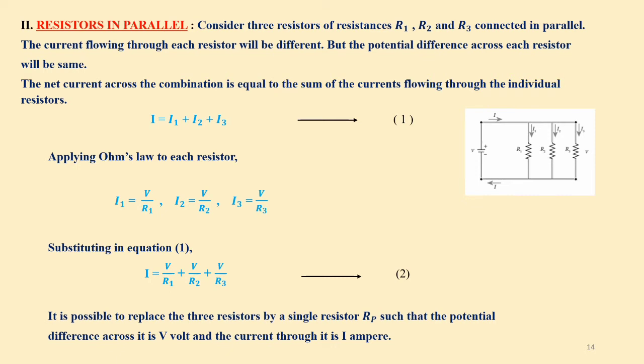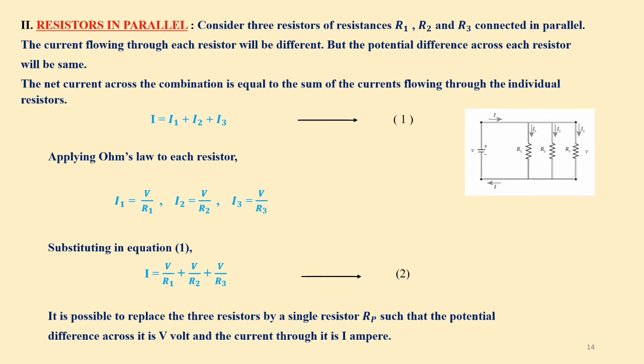Substituting this in equation 1, we get I equal to V by R1 plus V by R2 plus V by R3. This is equation 2.